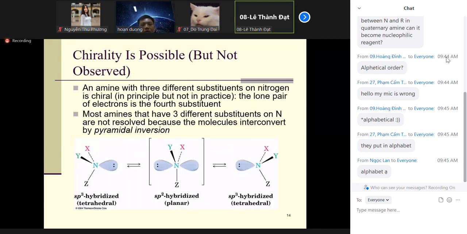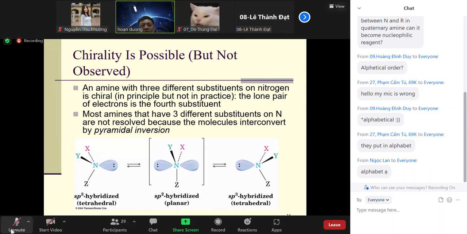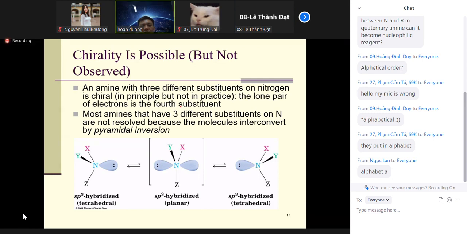But an important thing is chirality. What do you mean by chirality? Chirality means bất đối, I call it bất đối in Vietnamese. That's right. If you have X, Y, and Z, they are substituents on nitrogen, and they have a pair of electrons here.